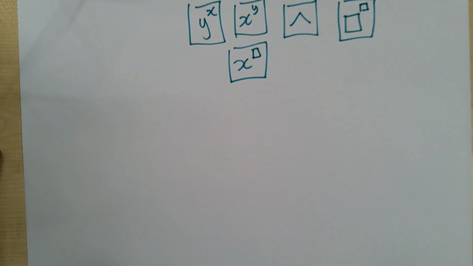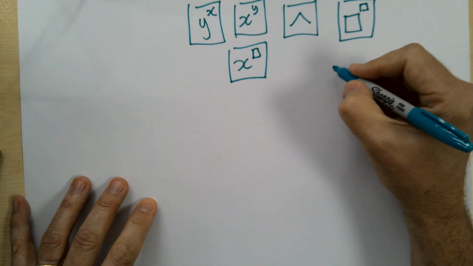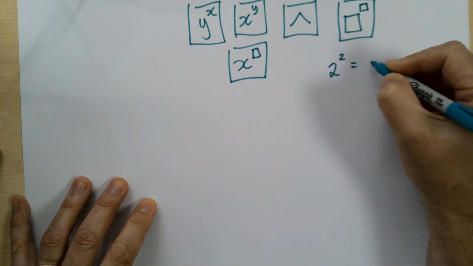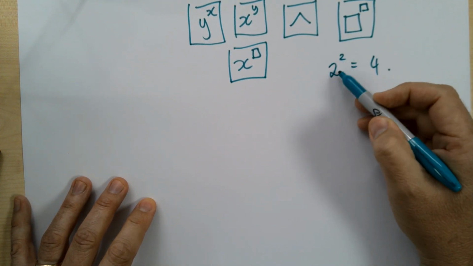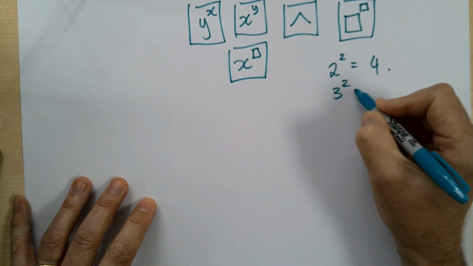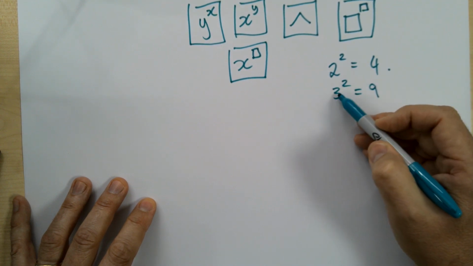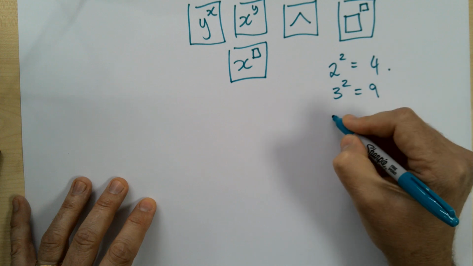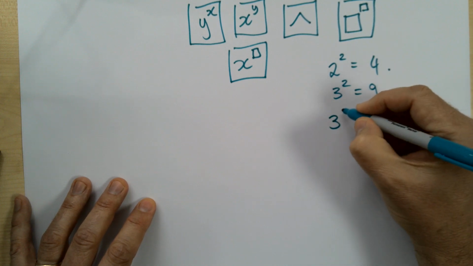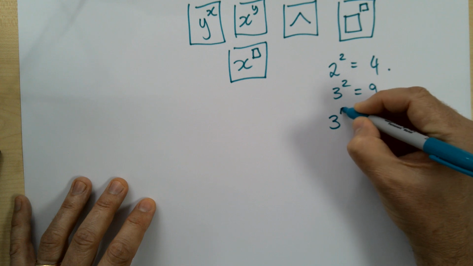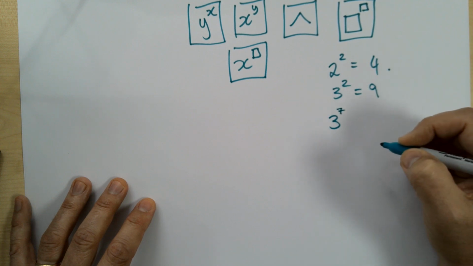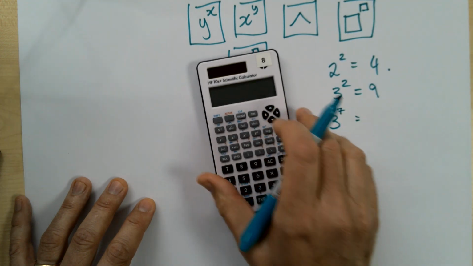So how do we use it? Well, basically, 2 squared is 4. Yeah, that's easy, 2 times 2. 3 squared is 9. That's easy because 3 times 3. Squared means timesing it by itself twice. But what's 3 to the power of 7? At the top of my head, I don't know how to do that.